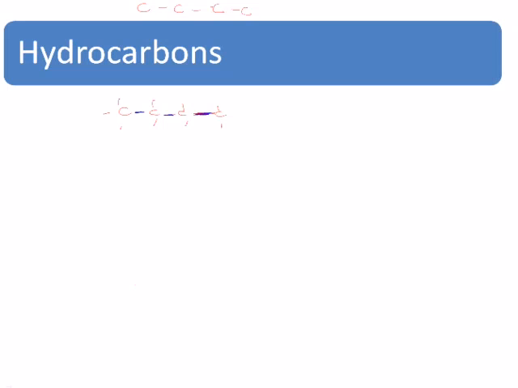I'll use blue to differentiate them. So if you're given a formula of a hydrocarbon and you look at the bonds forming between the carbons and they're all single bonds, there is no double bond, then that's what we call an alkane. So how do we define an alkane? An alkane is a hydrocarbon that has got single bonds between carbon atoms in the chain all the way through.